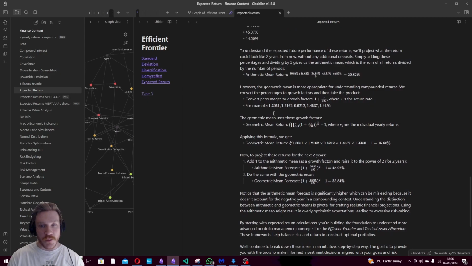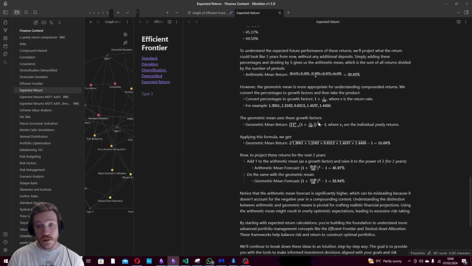To make the geometric mean, you just multiply them all together. This fancy maths term here, this big pi symbol, kind of looks like a table, that means multiply all of these together, and this r in this equation means what you're doing is you're taking your percentage here, ri, dividing it by 100, adding 1, that's all of these numbers right here, and then you just times them all together.